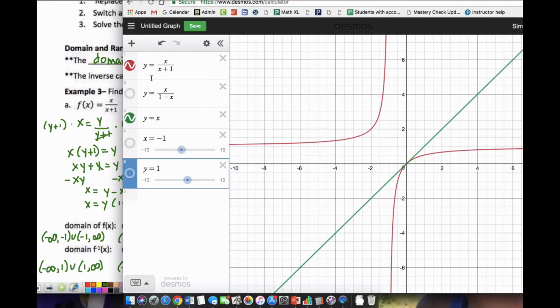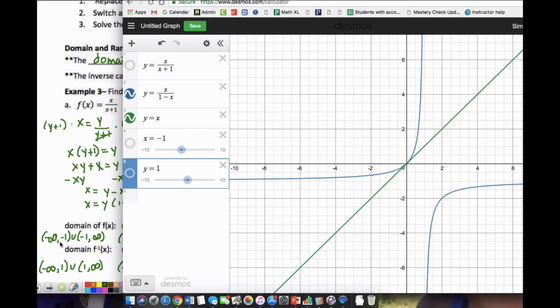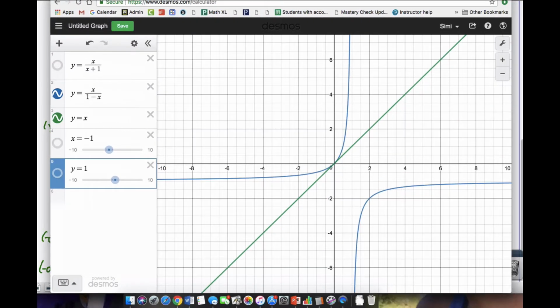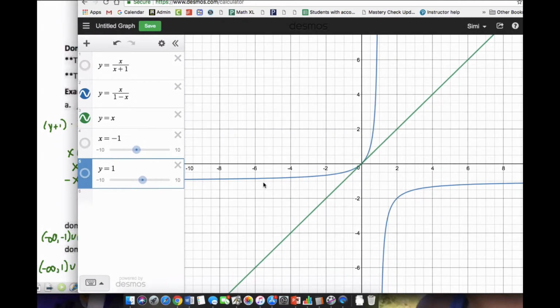I'm going to move this over so we can see it better. But let's put our inverse in there. So the domain of our inverse says hop over 1. Well, there we go. There is 1. And then the range is saying hop over -1. So where is -1? Well, that is being hopped over for our range.